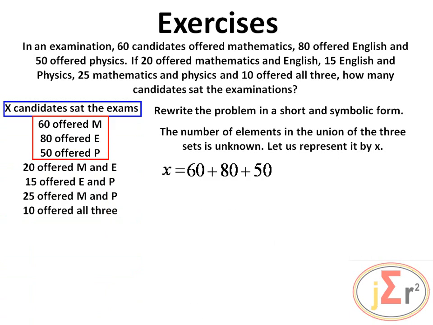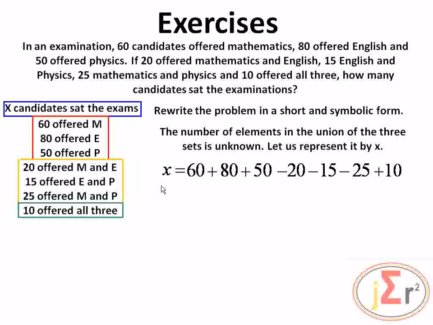Then on the right-hand side, we are adding the number of elements in the individual sets. That's what we usually do. And then what do we do? We subtract the numbers of elements in the intersections of two sets. And finally, we add.